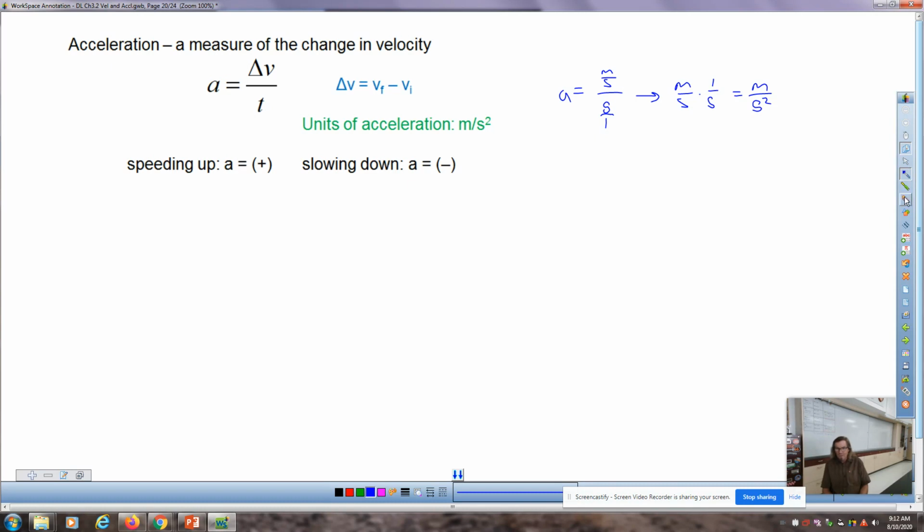Okay, so now that I've written that down, I'm going to take this out of here and talk about the concept. So one way of looking at this is to say the meters per second, and another way of looking at this is to recognize the units, meters per second squared. I'll talk about both of those as we get into our setup problems here.